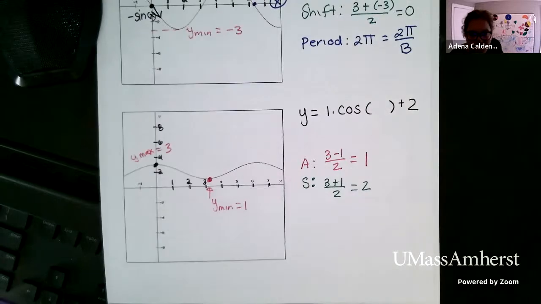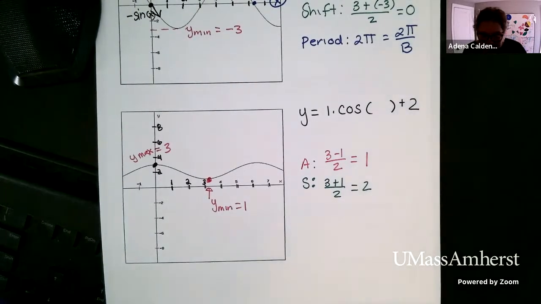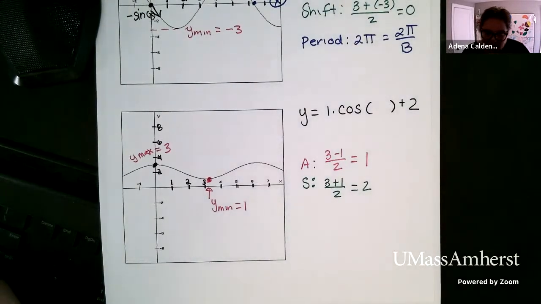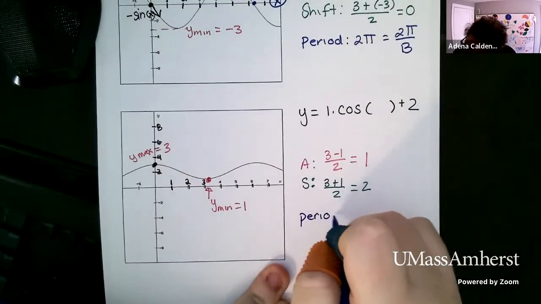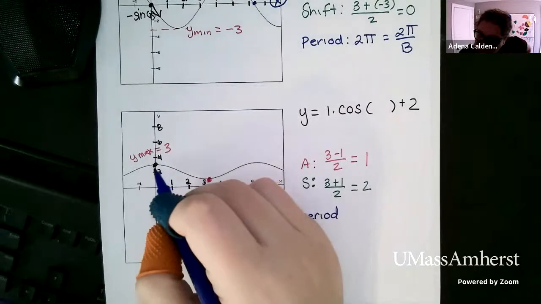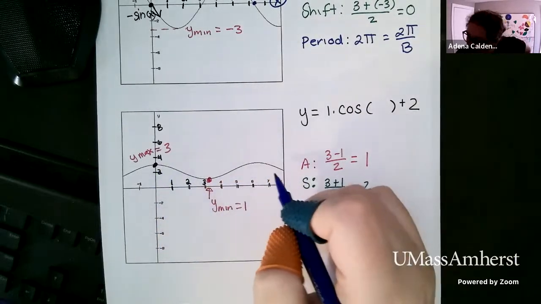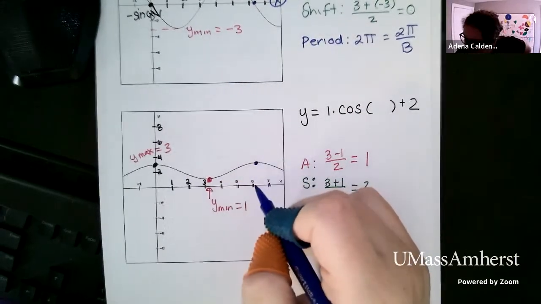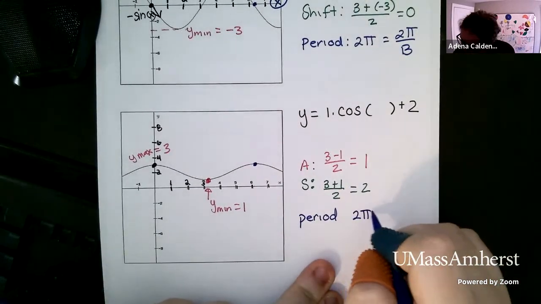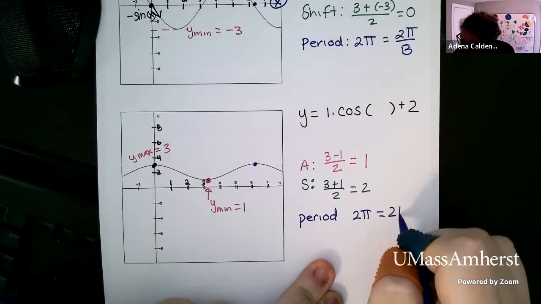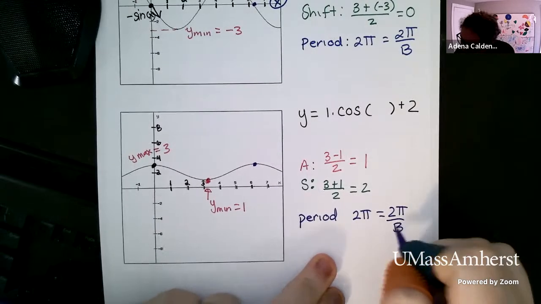Okay, so the last thing that I do here is I consider my period. So again, I want to know when it repeats. So I start at 0 and I go until I get back to the maximum. It's a little bit after 6. So the period is 2 pi. I set that equal to 2 pi over b.